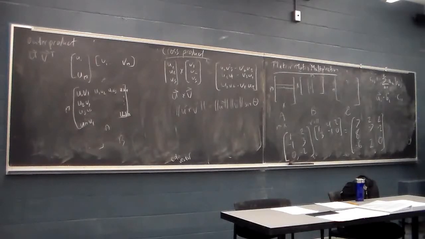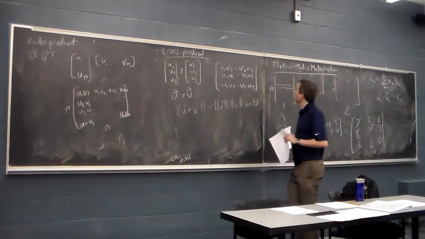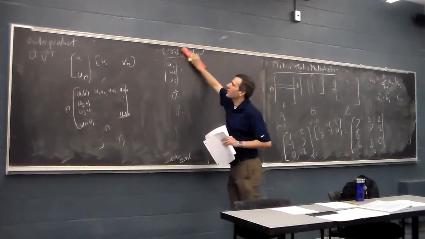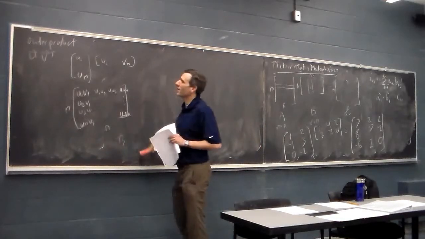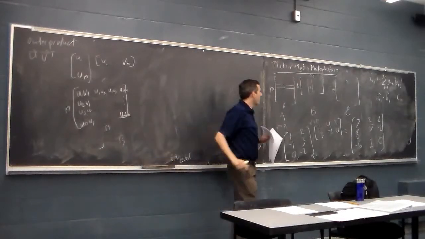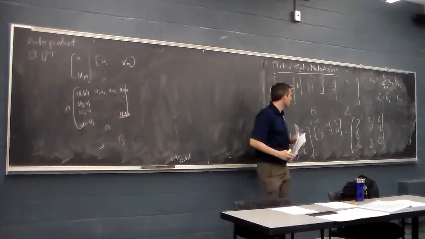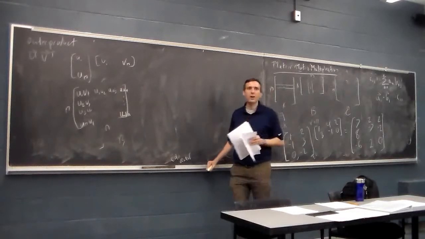Okay, so one thing that I think makes it a bit easier to remember this, and in particular to remember some of the vector-vector multiplication operations we talked about before, is to remember that the outer product and the inner product are just special cases of the general matrix multiplication problem.